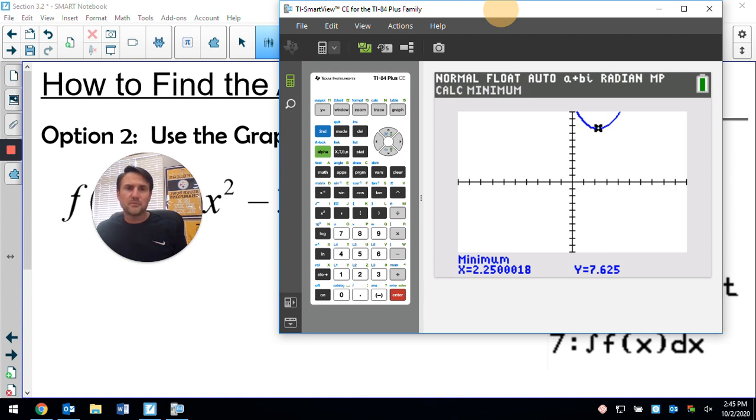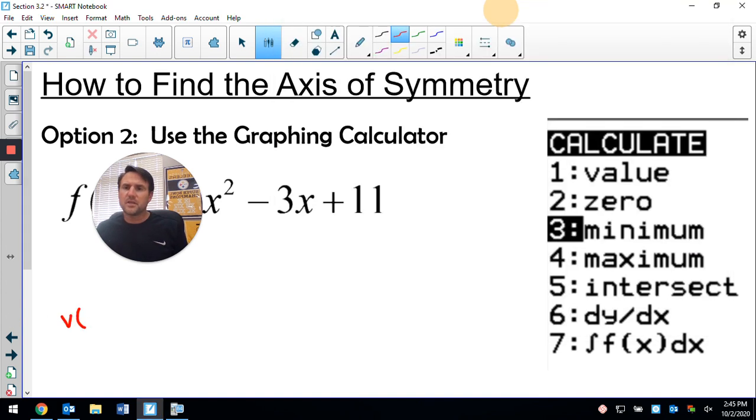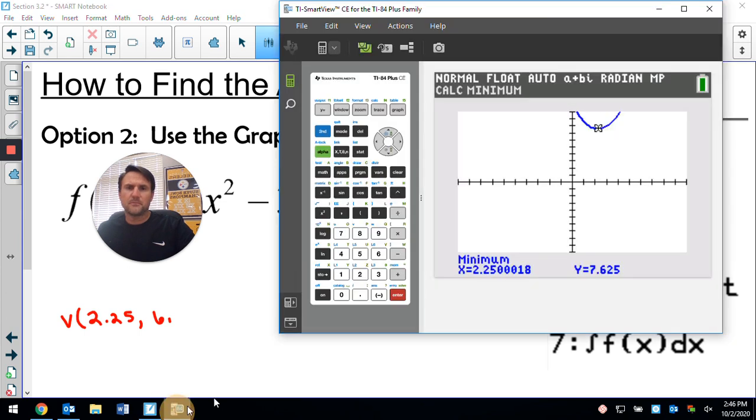All right, so we have our vertex point. I'm going to go ahead and write it down. The vertex is 2.25 comma 7.625.